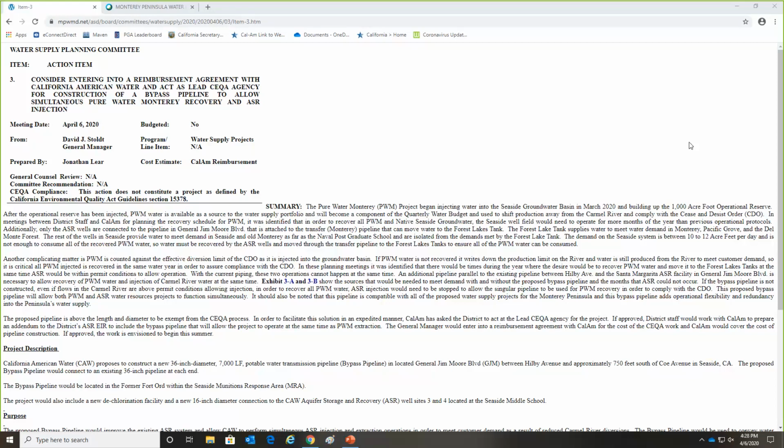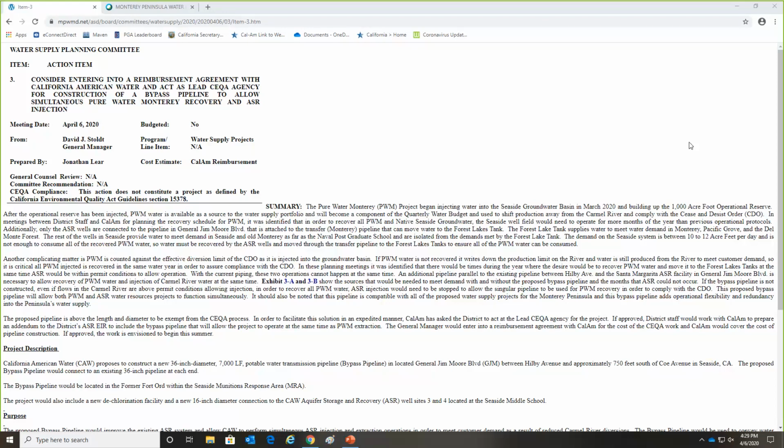What we're facing now is cutbacks with the CDO and a desal delay that could be significant. Therefore, we need to be able to move supplies, the limited amount that we have from the Seaside Basin, all the way across the peninsula in reverse direction, while at the same time maximizing ASR storage, which is different than having desal.